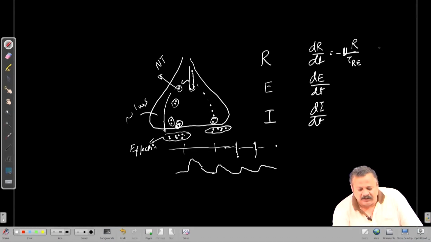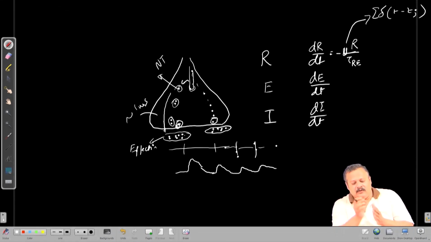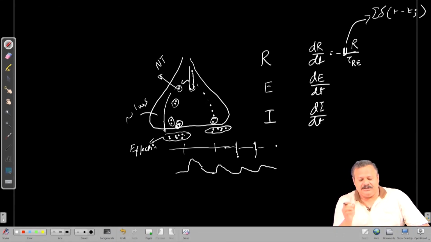We mark that with a U, or this can also be written as a summation of delta functions, where each Tj is the spike time. We will assume that the delta function is not a direct delta function, but is 1 over a narrow period around Tj or just after Tj.